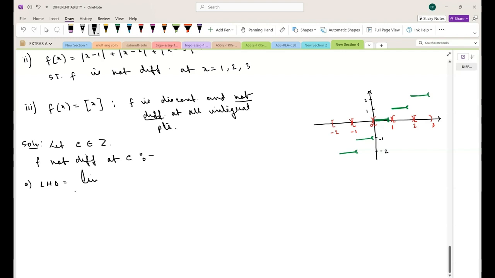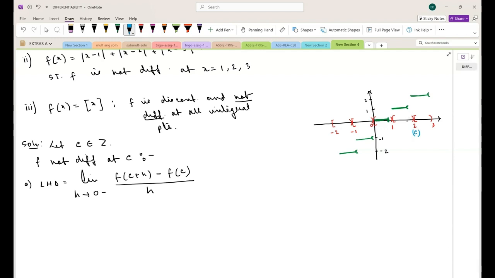Limit h approaches 0 from the left, (f(c plus h) minus f(c)) by h, right? Now, let's see. C is any integer. Now, for the sake of understanding, you can choose C to be, say, 2. Let us choose that this is my C. So, whatever argument I give here holds good for all the integers. I'm choosing 2 because it will be easier for you to see.